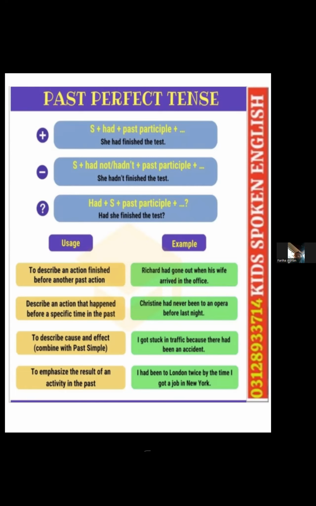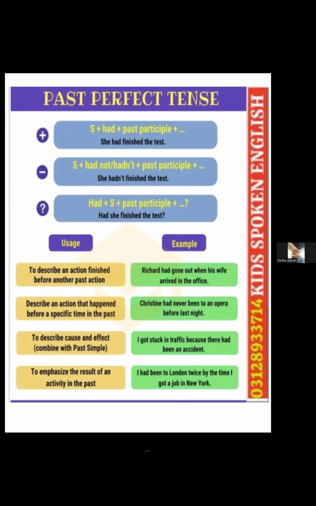The question mark is mandatory, it's compulsory. So how to make the interrogative structure? Had plus subject plus third form of verb and rest of the sentence. Had she finished the test? Okay, got it, students? Is it clear to all of you? Yes, ma'am.